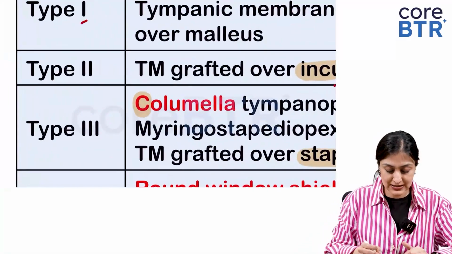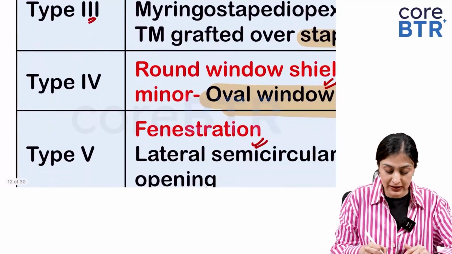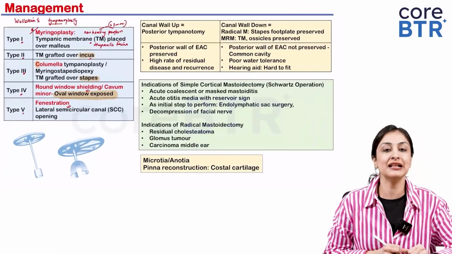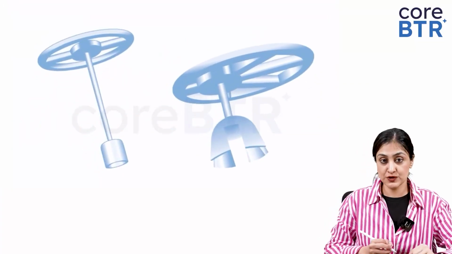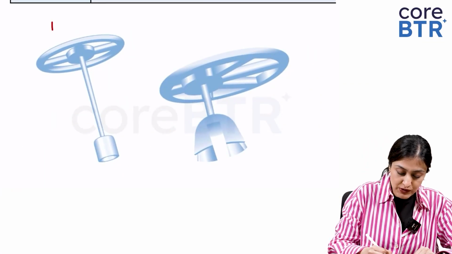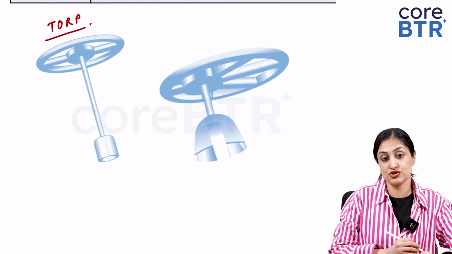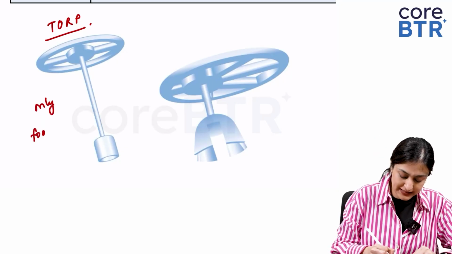So what are the classes? Malleus, incus, stapes, also called columella. This is cavum minor, round window shielding. This is lateral semicircular canal fenestration, right? Now these are your ossicular prostheses. Look at the first one. This is what is called TORP, total ossicular reconstruction prosthesis. This is where only the stapes footplate is present.